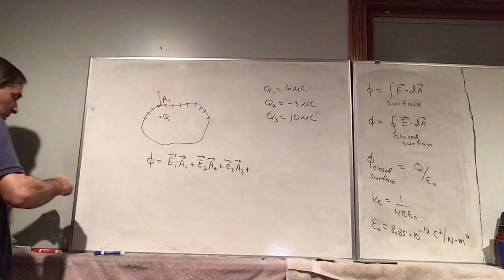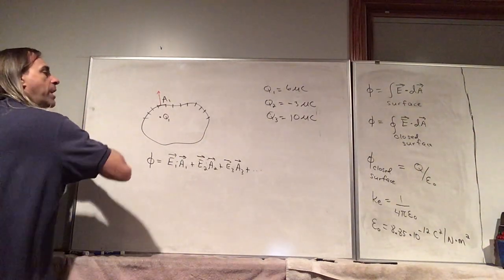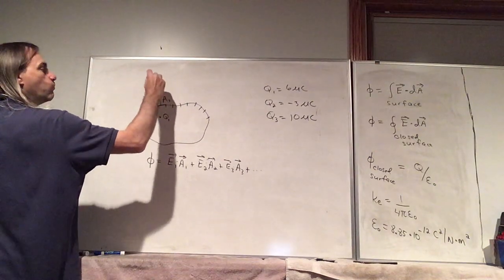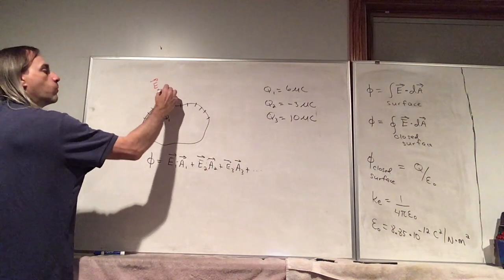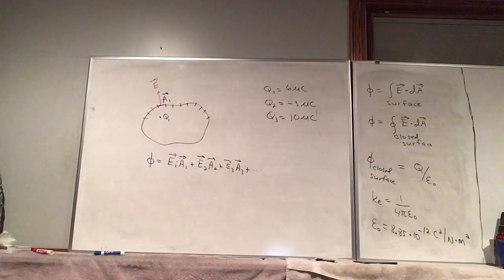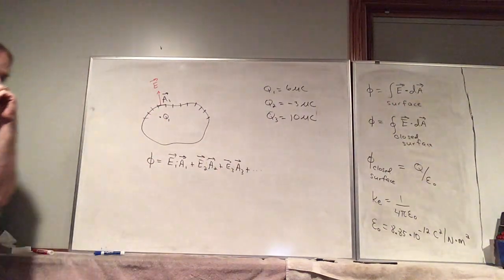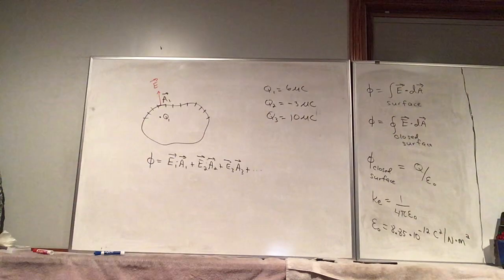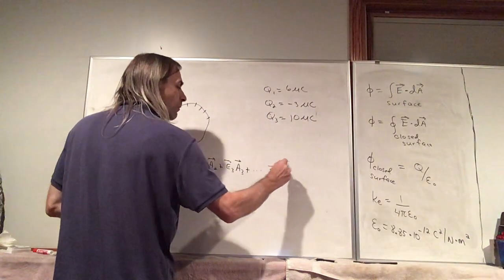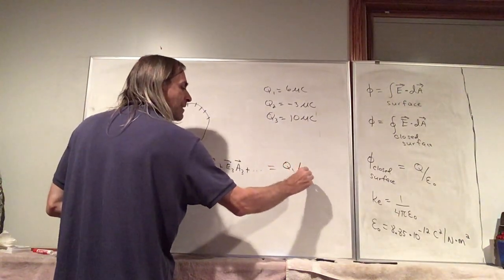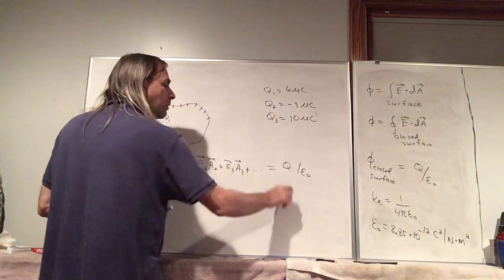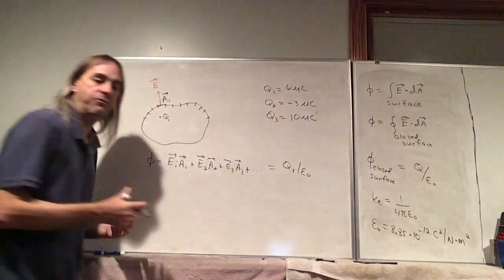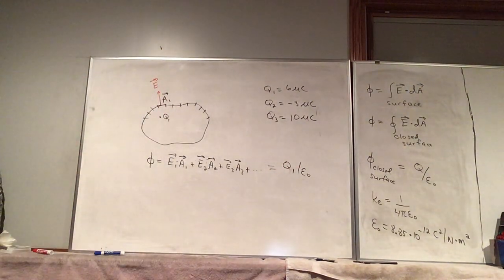We take the electric field at a given location on the surface, take the dot product with the area vector at that little small surface, and then we move on to the next piece and we add them all up. And we get some result. Well, we know the result. So again, that itself is a pretty profound statement, that we can see that the flux is just proportional to whatever charge is inside.